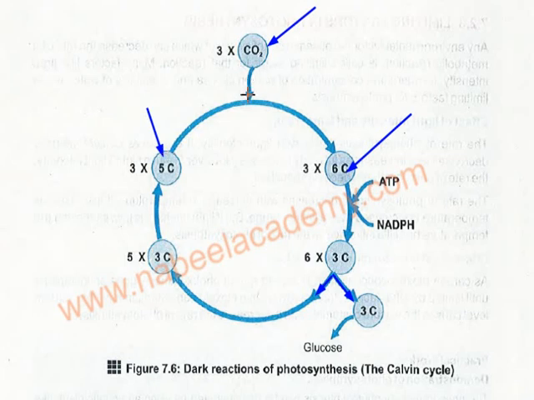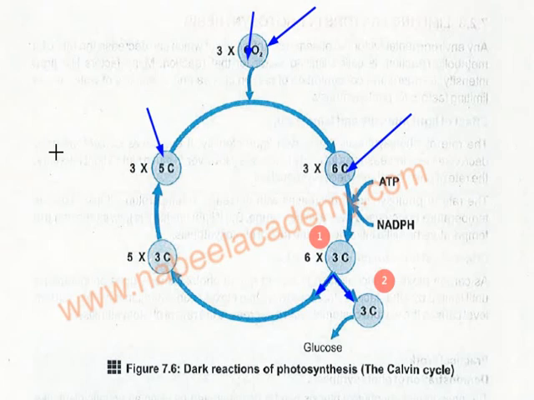And when CO2 combines with this, how many C's are here? 1 C. So this 1 carbon with 5 carbon, how much does it make? 6. So now the compound is of 6 carbon. Now it will split into 2 compounds having 3 carbons. First compound, second compound, both of them have 3 carbons. Understand?